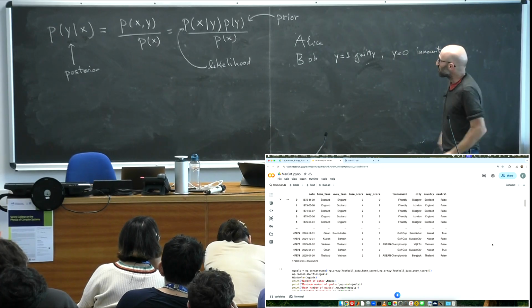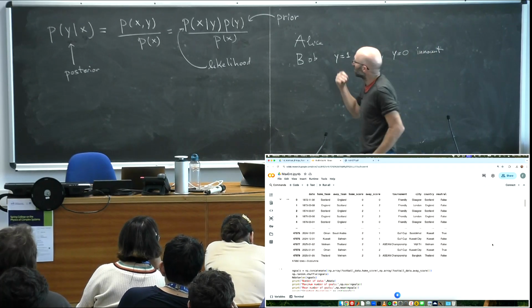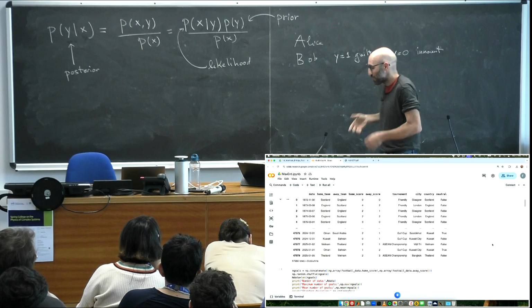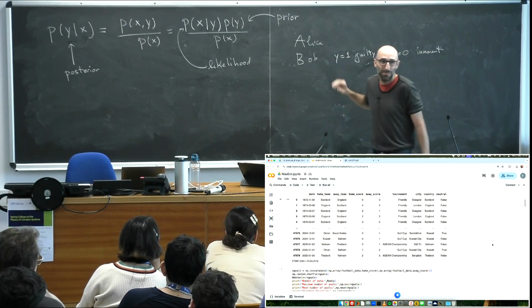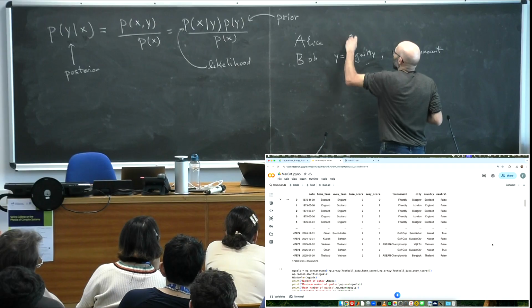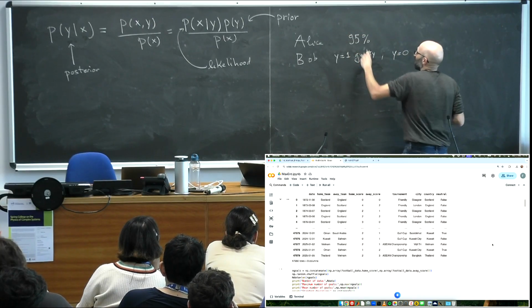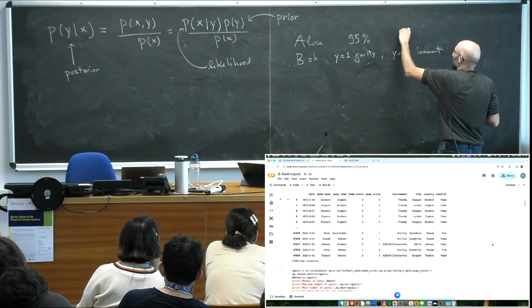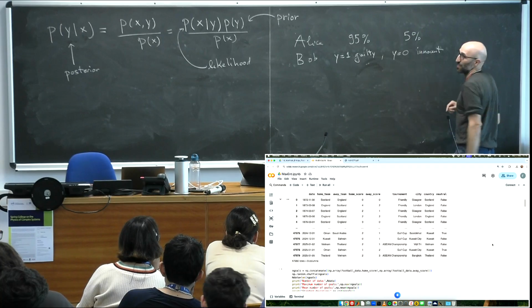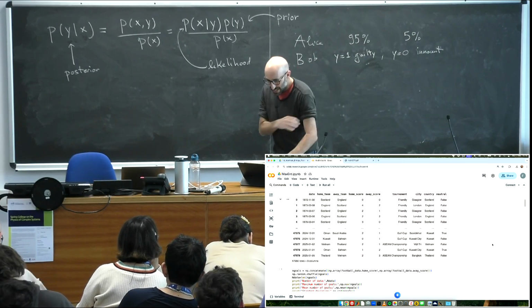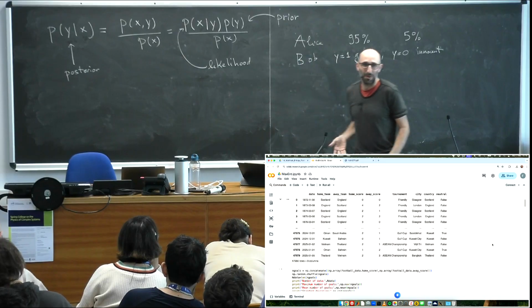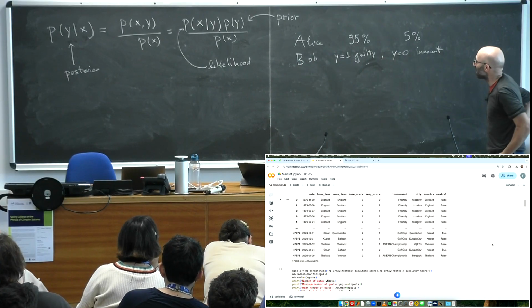So Alice will start with a prior belief. She has some information or some, I don't know, prejudice on Bob. She says, okay, with 95% probability, I think that Bob is guilty, and with 5% probability, I think that Bob is innocent. Now she's about to go and arrest Bob because the probability seems high enough.